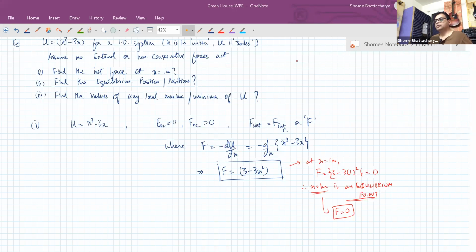Now, second thing, we've already found one equilibrium point, but we have to check if there are other equilibrium points also. So at equilibrium points, F is equal to 0. That means dU by dx should be 0.